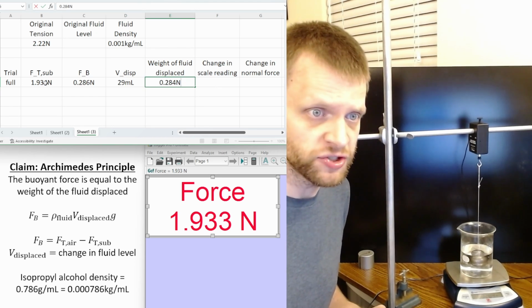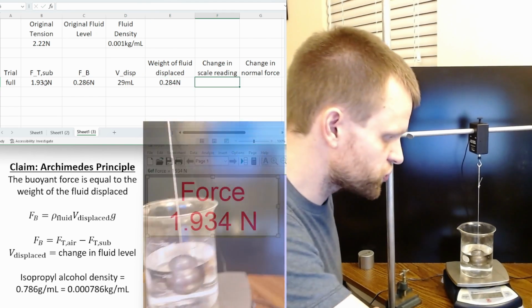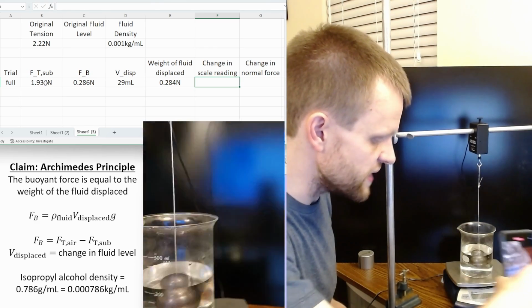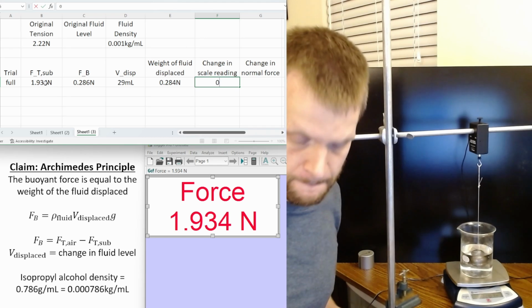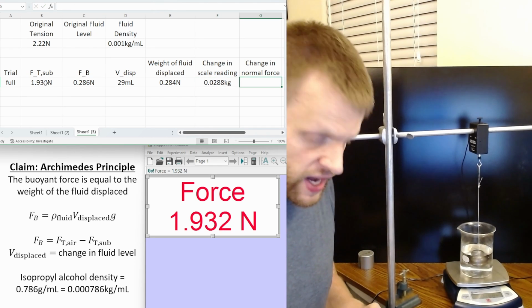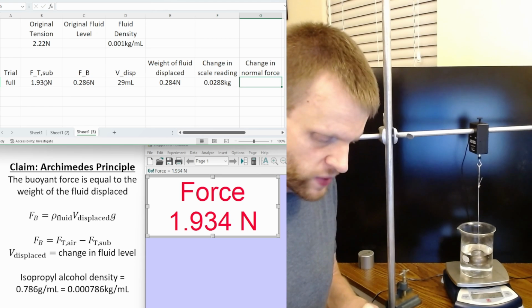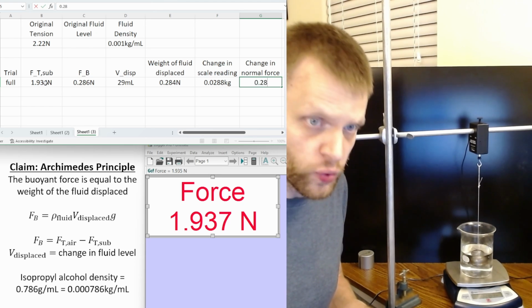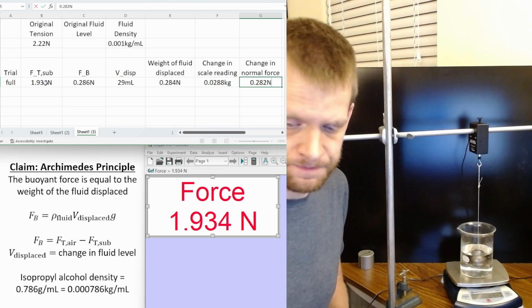Very good agreement. Our new scale reading is 0.0288 kilograms. And if I take that value, 0.0288, multiply by 9.8, I get 0.282 newtons.